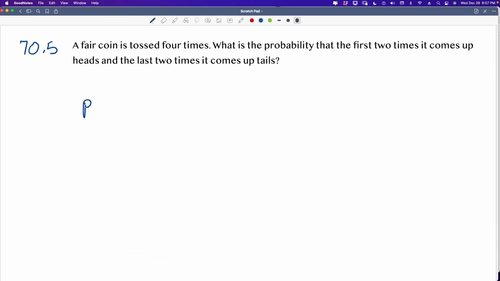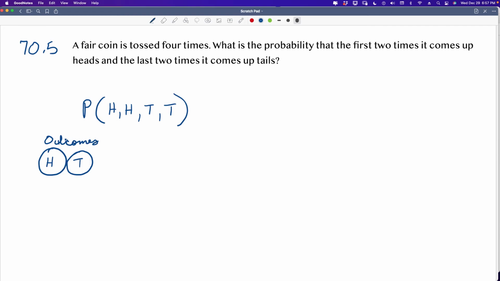So our probability is that we want the first 2 times to be heads. So heads, heads, and the last 2 times tails. Tails, tails, right? Remember, our coin only has heads or tails. These are our outcomes. These are our total outcomes, right?